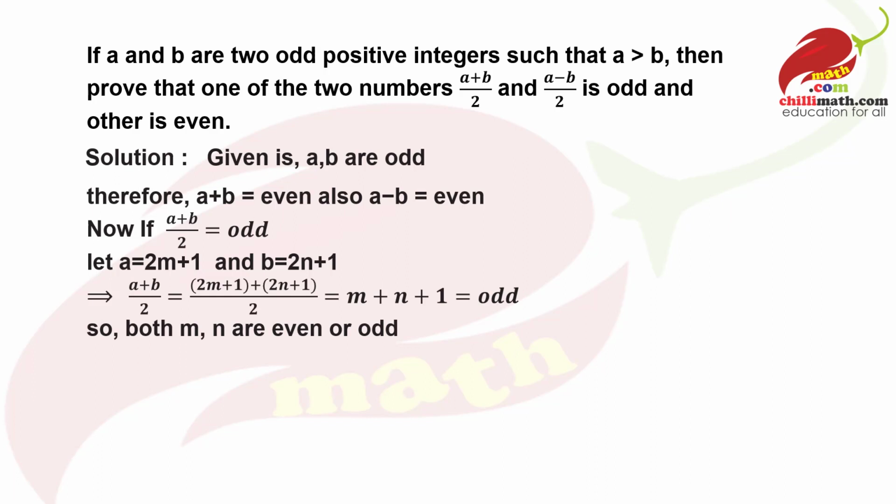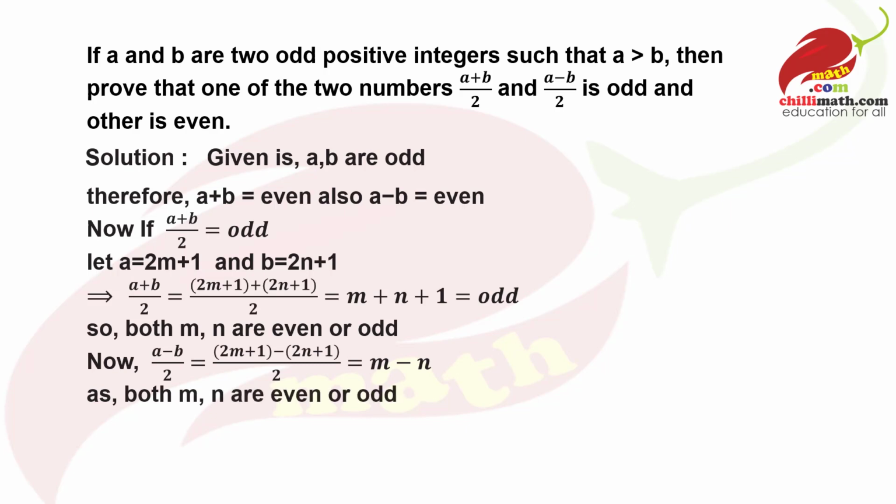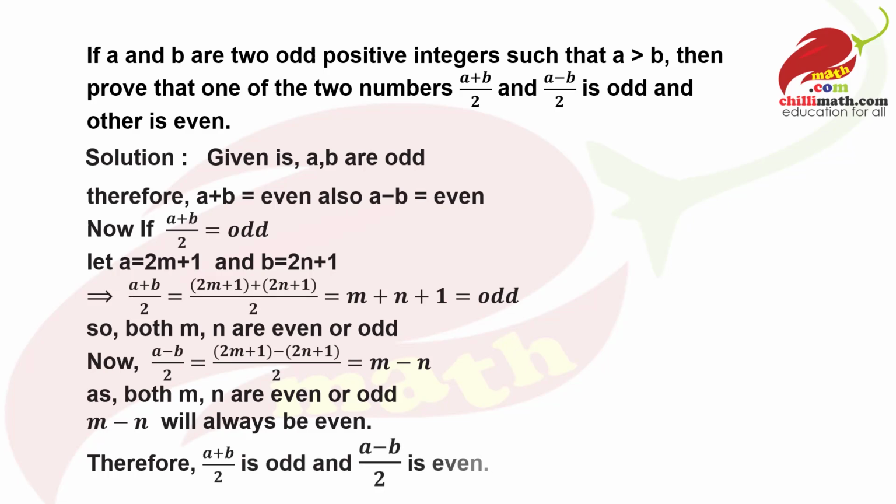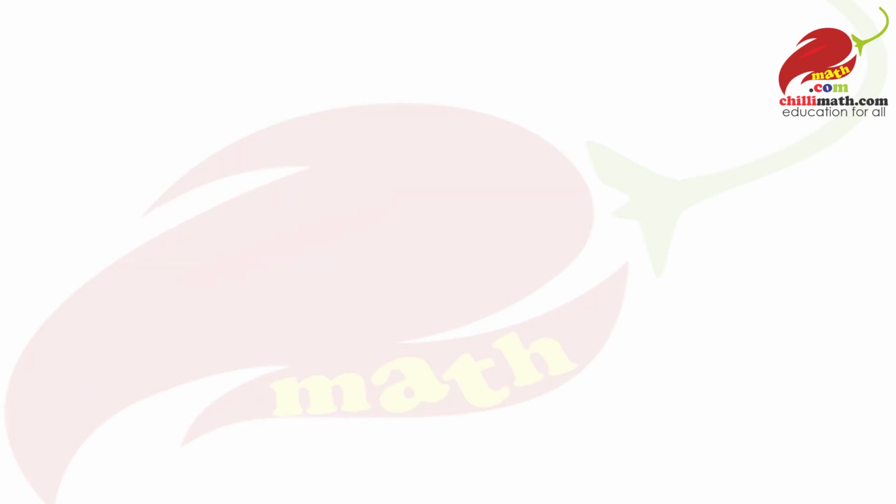Now, a minus b divided by 2 is equal to (2m plus 1 minus 2n minus 1) divided by 2 equals m minus n. As m minus n has the same parity as m plus n, it will always be even. Therefore, a plus b divided by 2 is odd and a minus b divided by 2 is even.